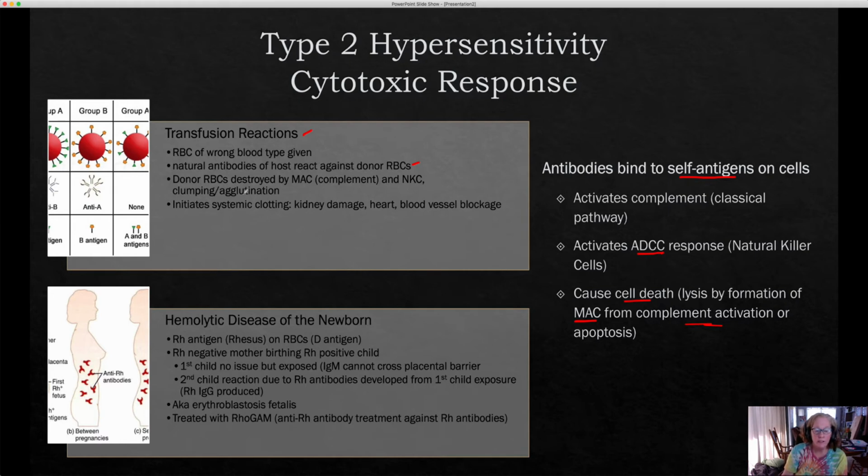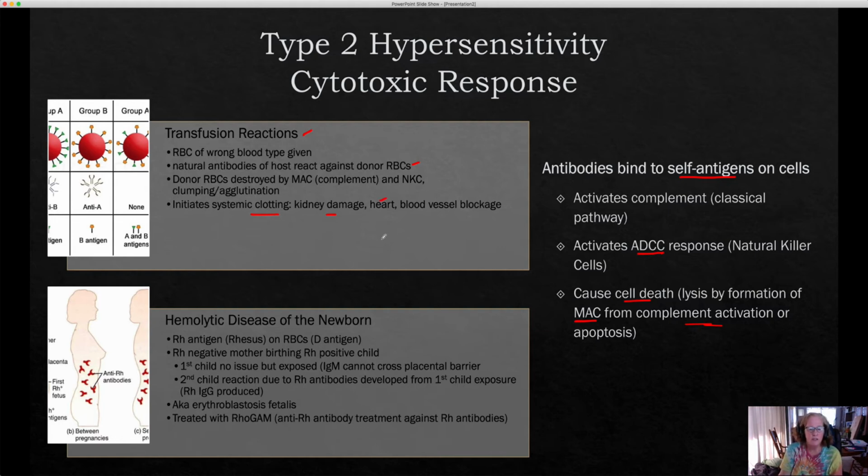The problem here is that this is in the circulatory system, so we get systemic clotting, and these clots and these clumps of dead cells and cell parts will start to clog up the kidney. They'll block the glomeruli.